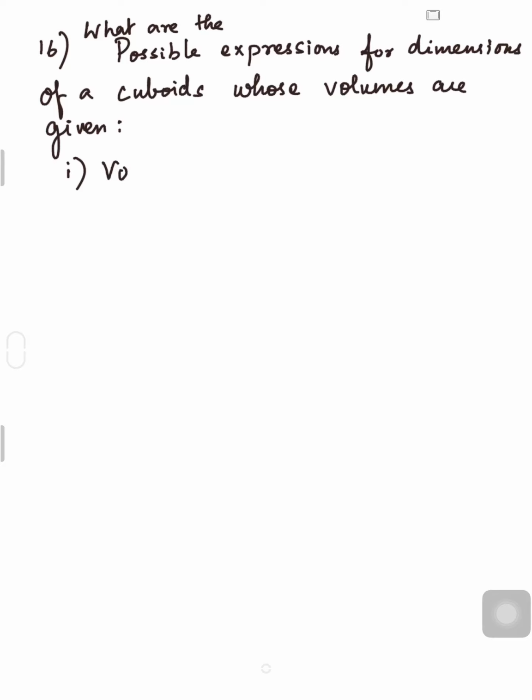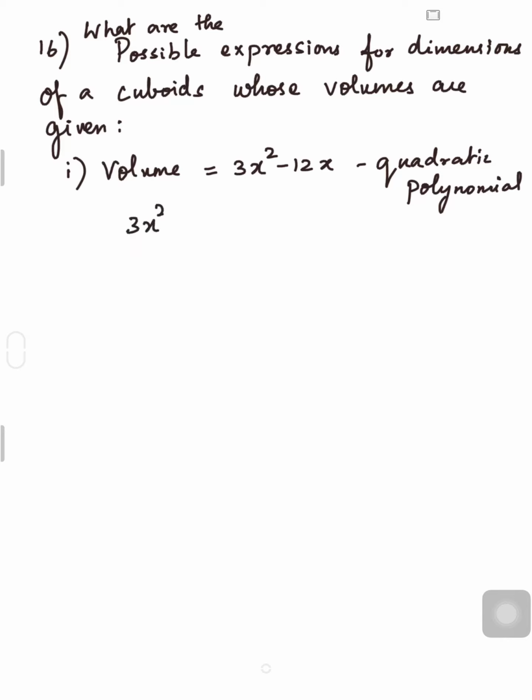The first one is, volume is given as 3x squared minus 12x. Yes, it is a quadratic polynomial, but it is not in the form of ax squared plus bx plus c. Since the constant is not there, we cannot use the factorization method. But you know how to factorize this.